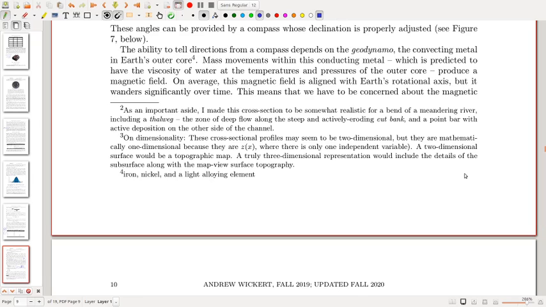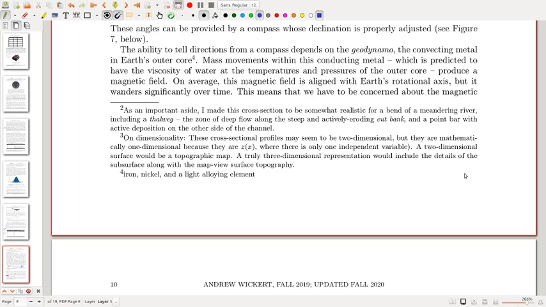So a compass is one of the first and most useful tools that we use for this kind of measurement. And if we want to use a compass to be able to tell directions and tell what the azimuth is, we are actually depending on solid Earth geophysics. We're depending on the fact that there's convecting metal in the Earth's outer core.